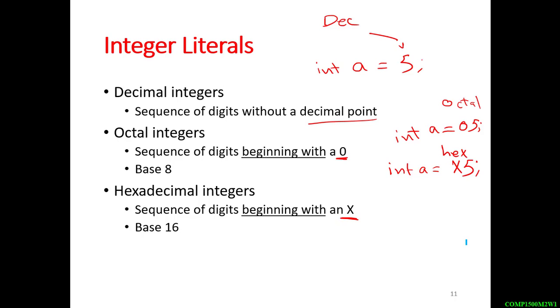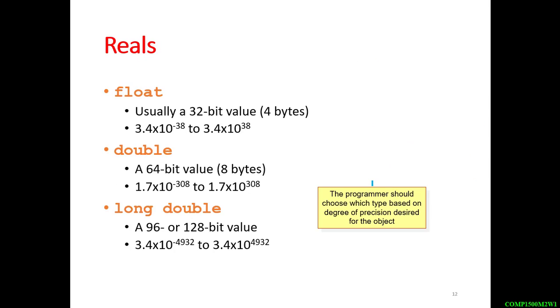Then we have the float, double and long double. These are all real numbers. Real numbers means that these values have fraction in them. So a float goes from 3.8 times 10 to the power minus 38 to 3.4 multiplied by 10 to the power 38.